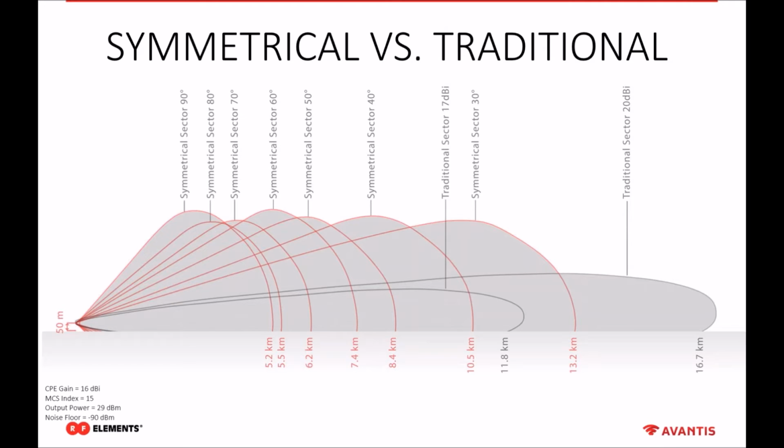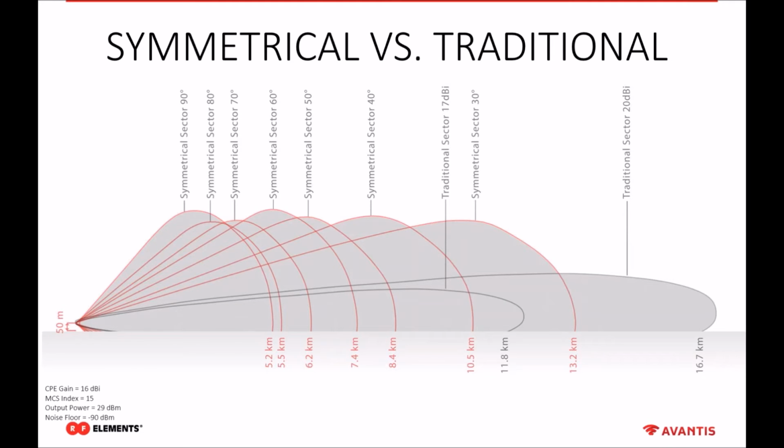But from real life, we know what the customers were able to achieve. For example, we have a customer in the US and they were able to achieve 14 kilometers by using a 30-degree symmetrical sector antenna, and on the other end, on the CPE, they were using a PowerBeam CPE.